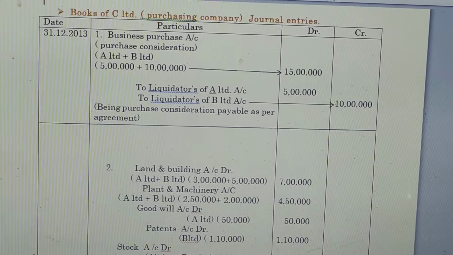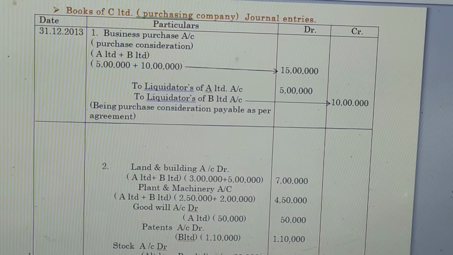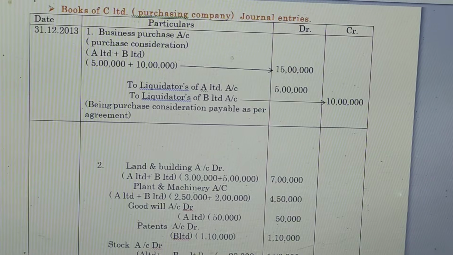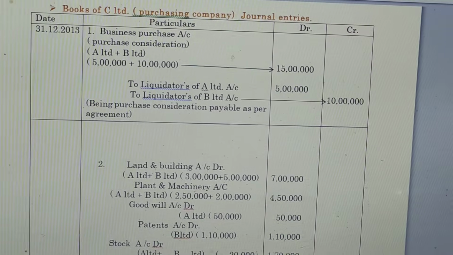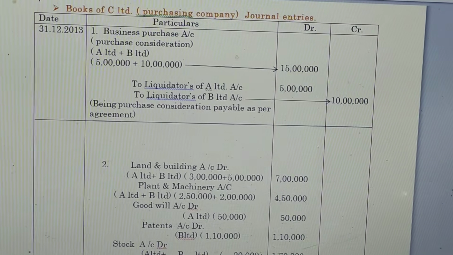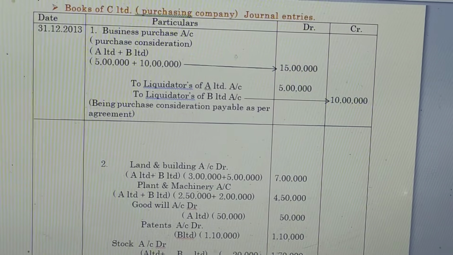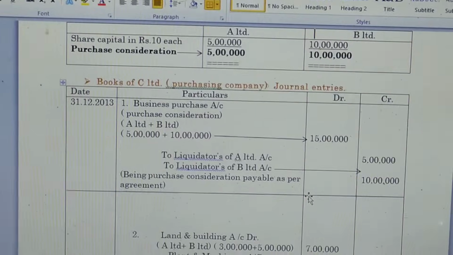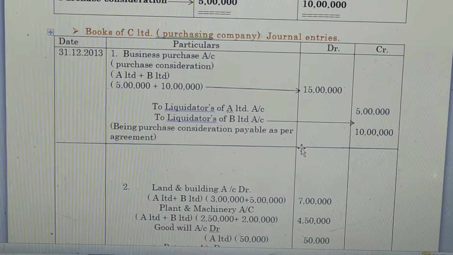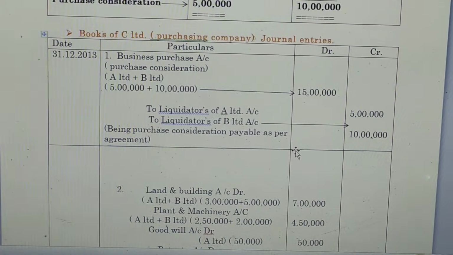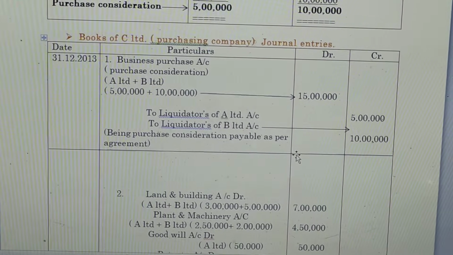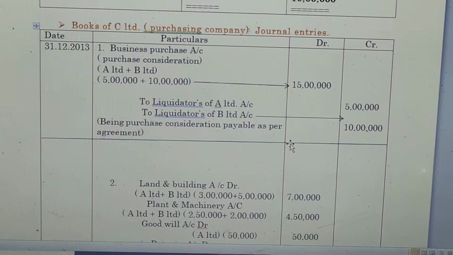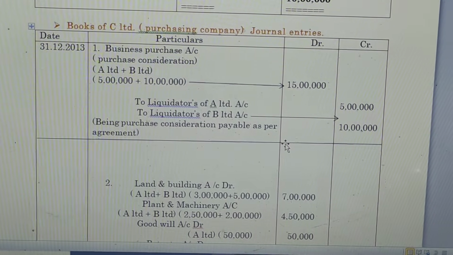So the actual amount of purchase business is 15 lakhs, which we have to mention on the debit side, and for liquidators of A we mention 5 lakhs on the credit side, and for B Limited we mention 10 lakhs on the credit side. It means we are going to pay the purchase consideration amount to the selling companies, being purchase consideration payable as per the agreement with the selling company by the purchasing company.